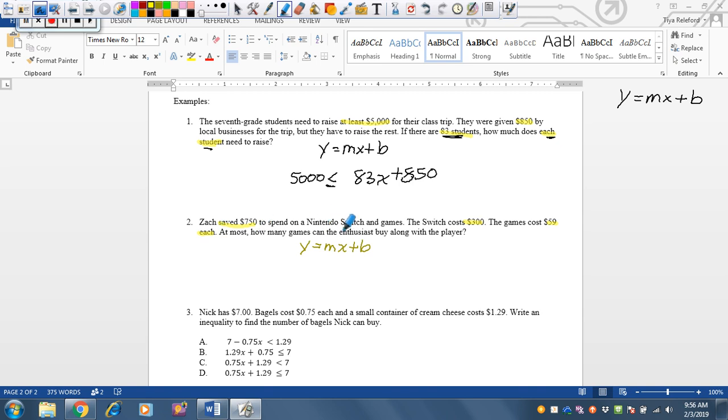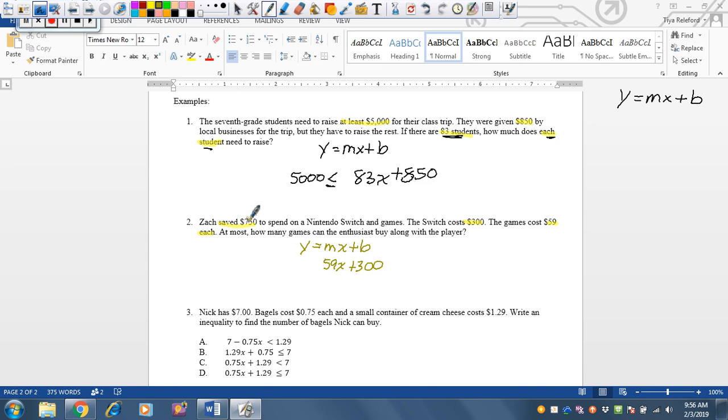At most, how many games can he buy along with the Switch? All right. 59 each means 59x. He has $750. The Switch costs $300. We are adding the $300 to the games. So 300 plus however many games, he has $750.